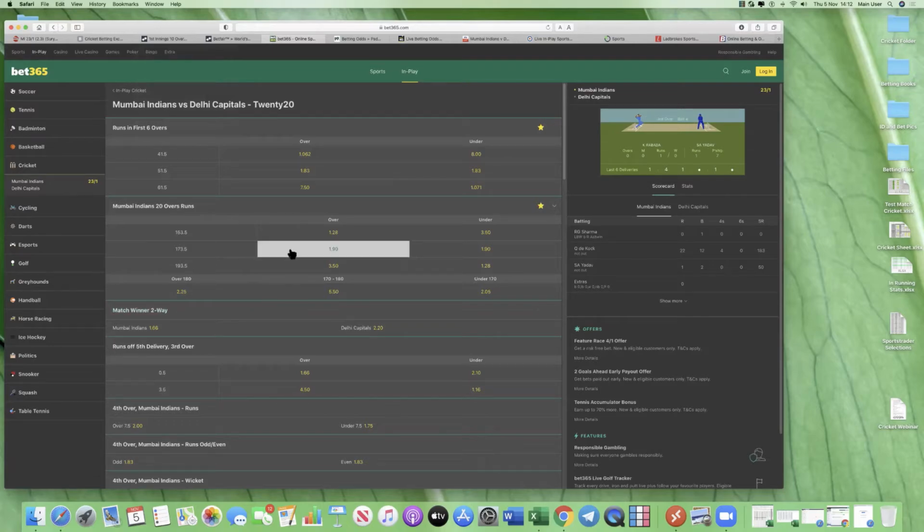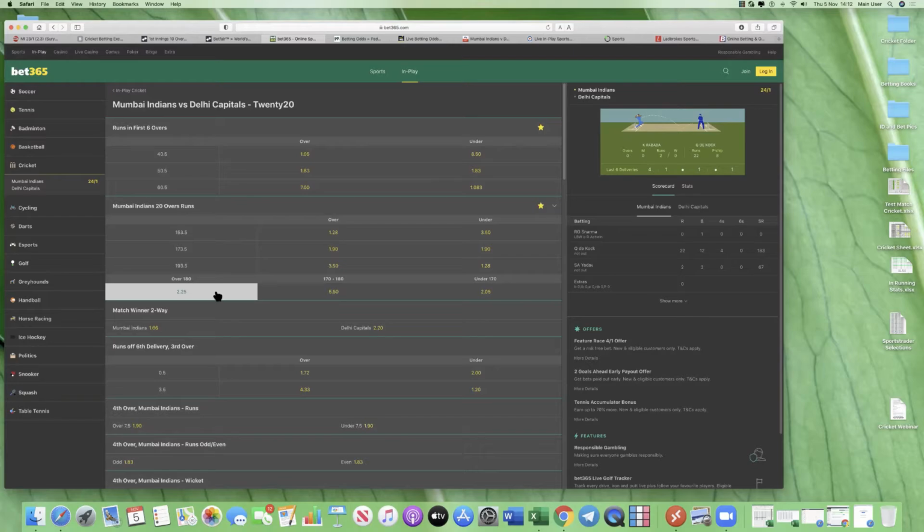On this one, because 365 are 1.9 and Betfair are even money, you're actually getting a lot more. Sometimes you can even back the over at 2.0 and the under at 2.0 on Betfair. That happens more on a one-day international, because there's a bigger range.